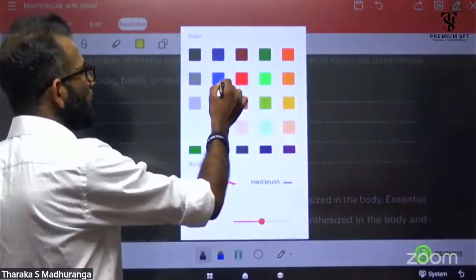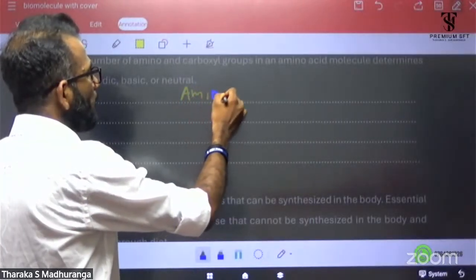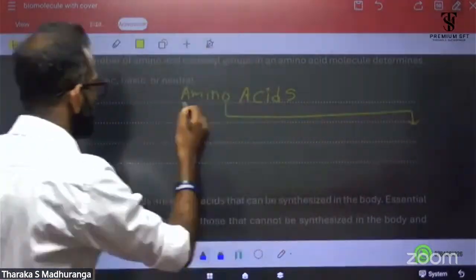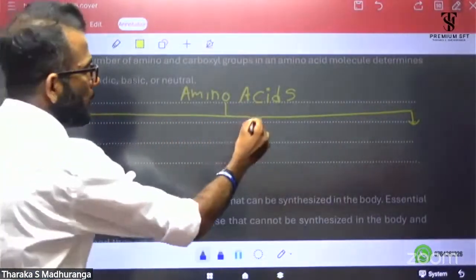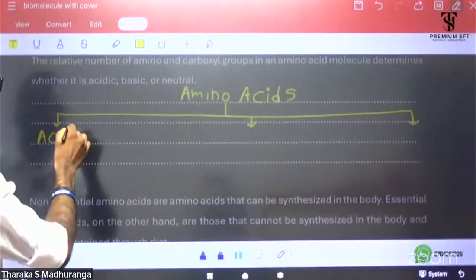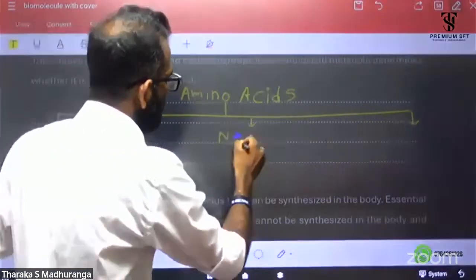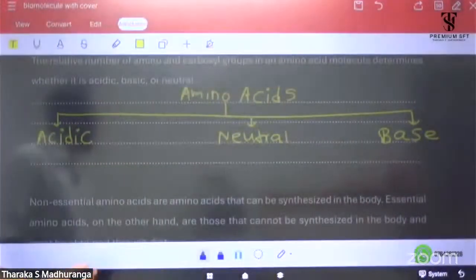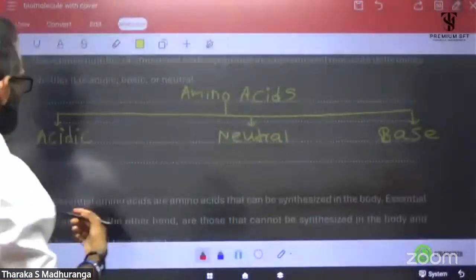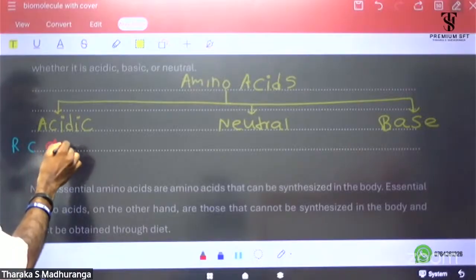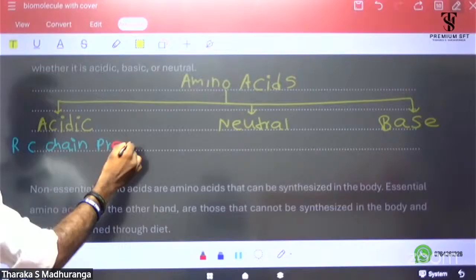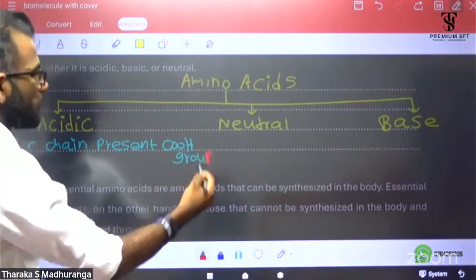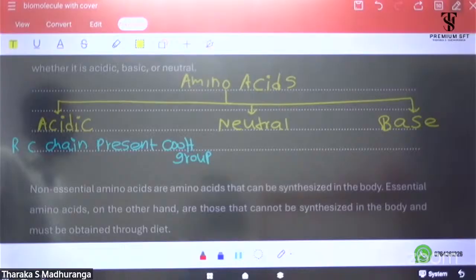Amino acids. R carbon chain present COOH group.